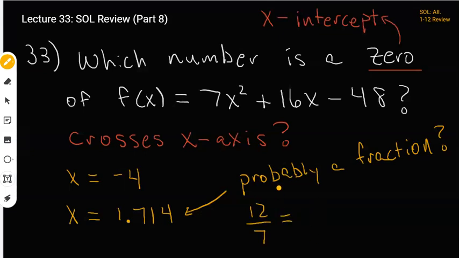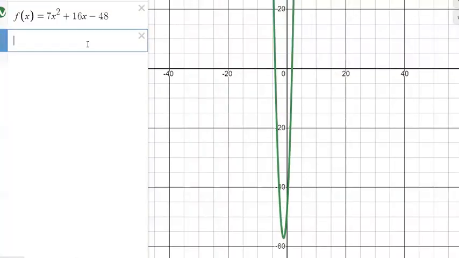What is 12 over 7? Let's try it on Desmos. 12 divided by 7 is 1.714, and some other decimal points that we don't care about.